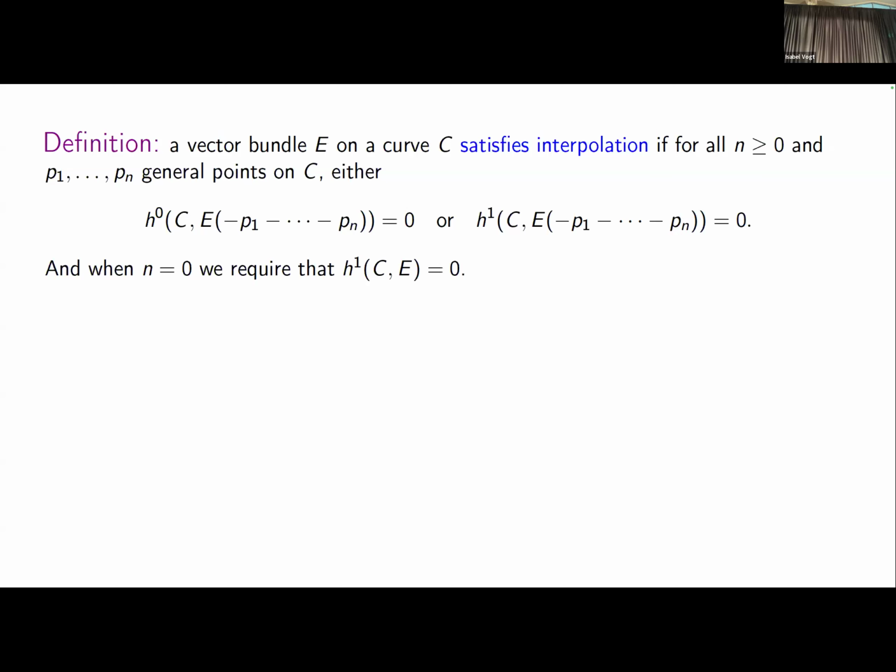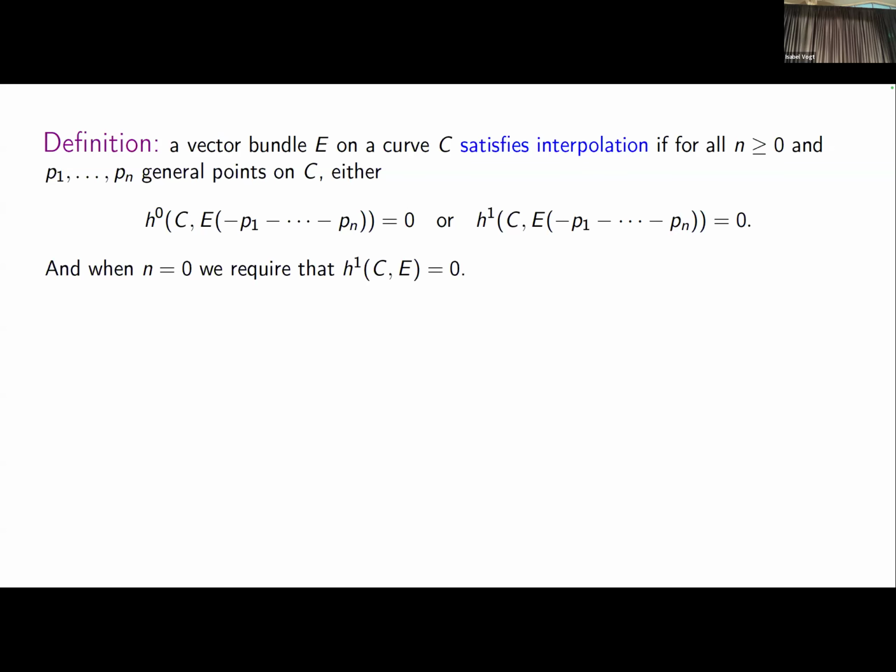So this condition is exactly saying that when the Euler characteristic is greater than or equal to 0, you have no H1, and when the Euler characteristic is less than or equal to 0, you have no H0.